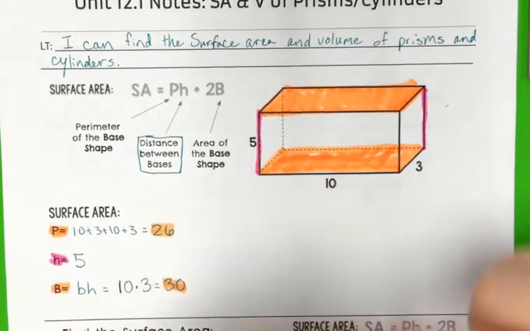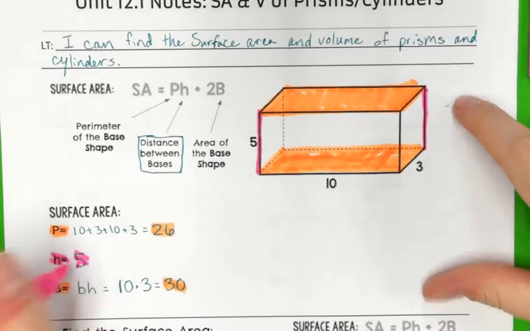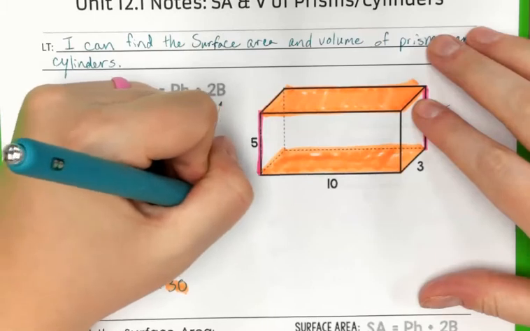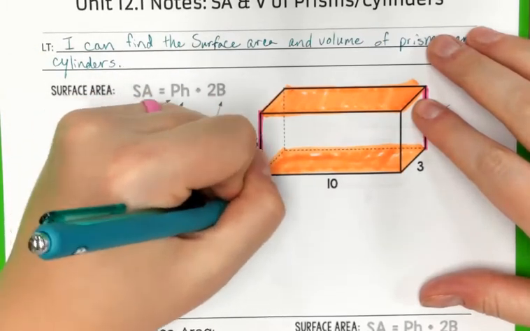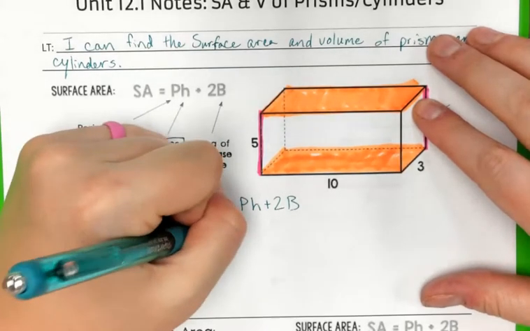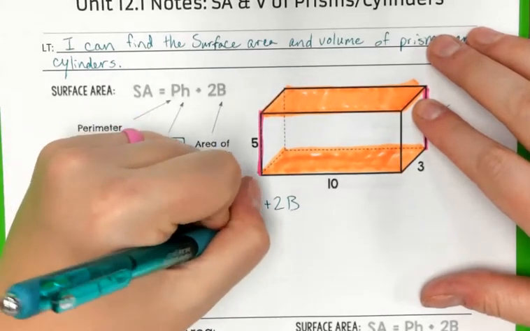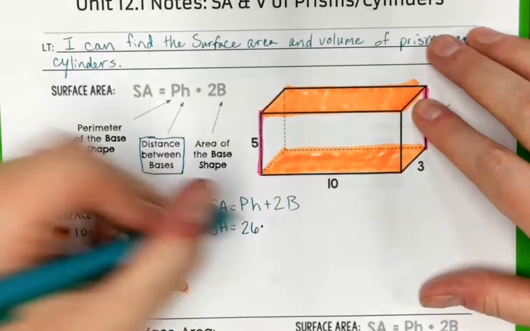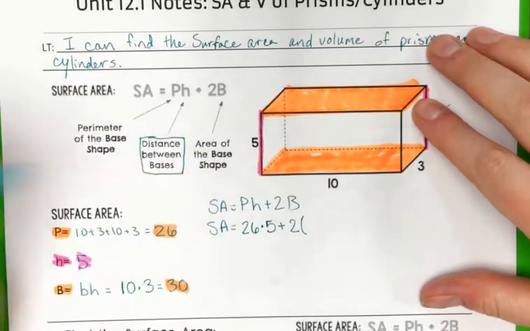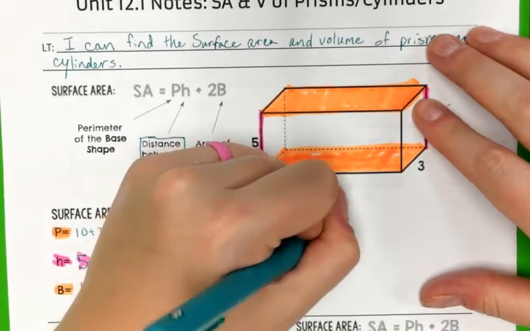And so now we have everything that we need to plug in to our formula. I'm going to write this: surface area equals PH plus 2B. My P is here. Surface area equals 26 times my height, which is 5, and then 2 times my area of my base, which is 30.